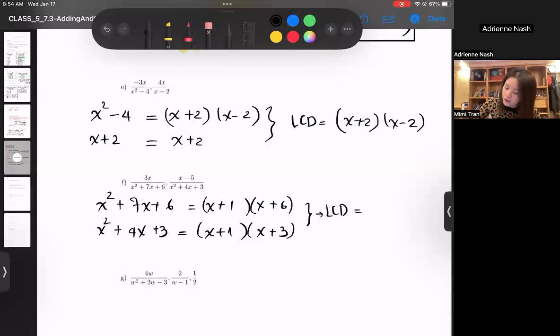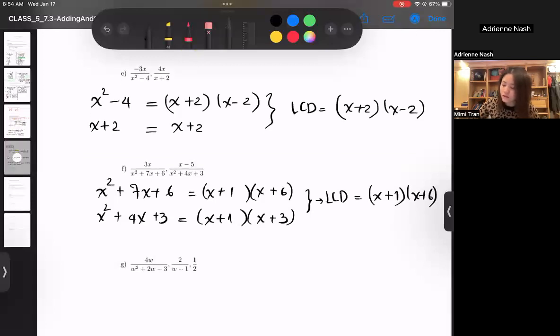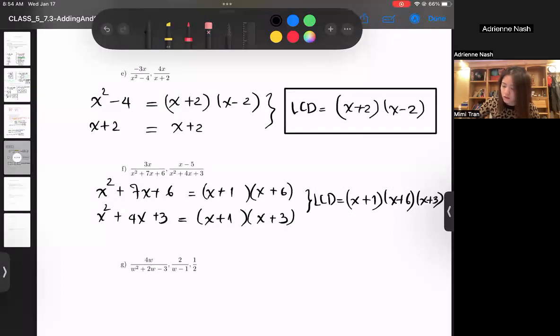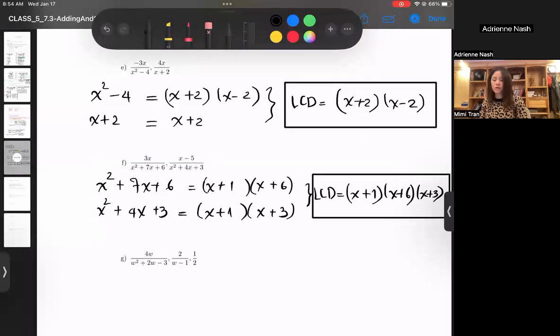Yeah, x plus 1, x plus 6, and x plus 3. Well, you don't want to pick x plus 1 twice, right? Because you want to pick the most, and they are equally the same, the ones at the top and the ones at the bottom.